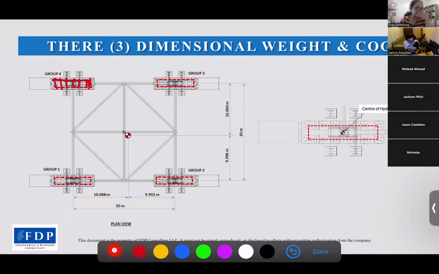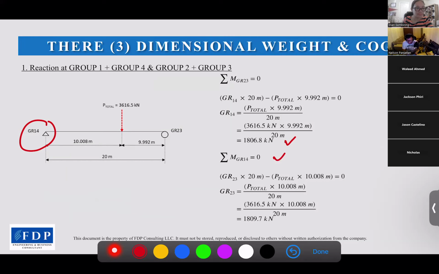So we can find group 1-4 is 1,806.8 kilonewton.